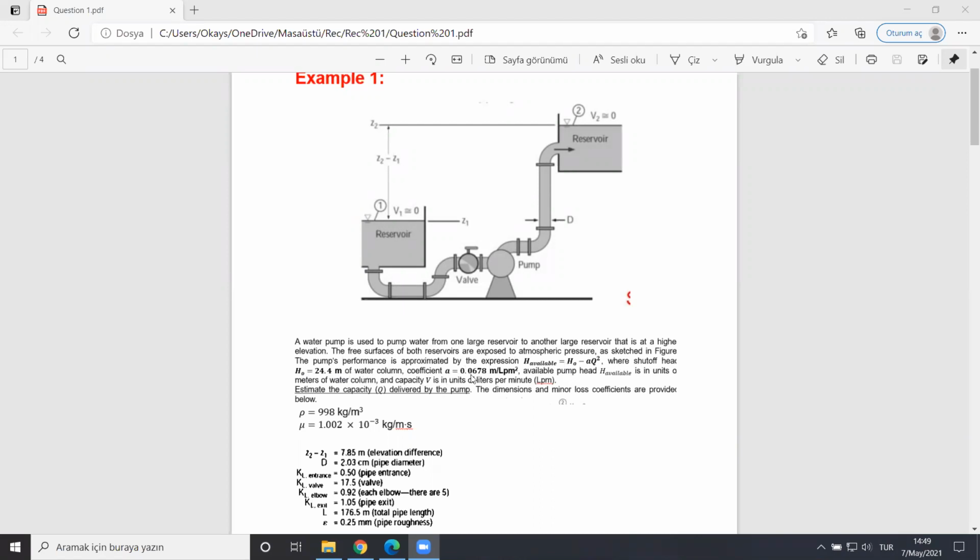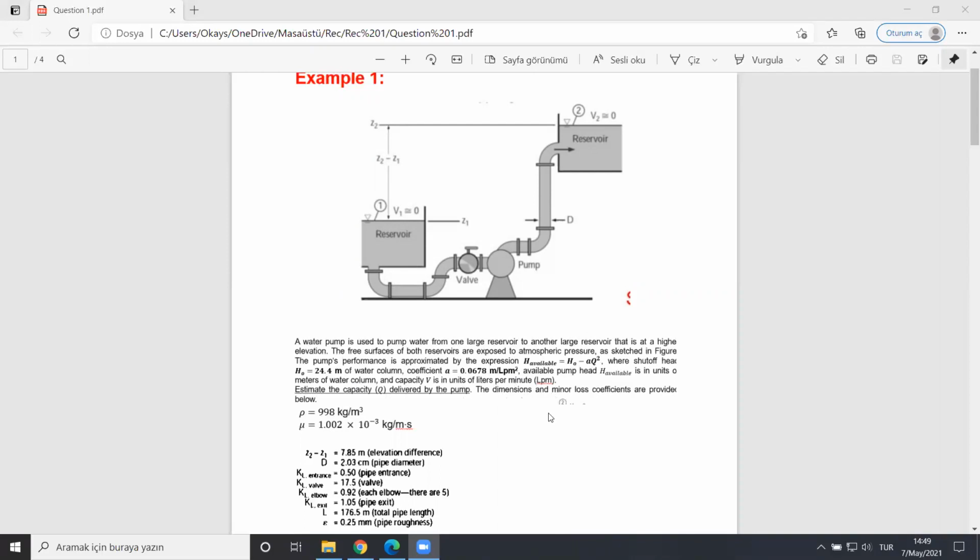There is a value given for this A, which is 0.0678 meters per liters per minute squared. This LPM means liters per minute, which is also written here. And what else? The question wants us to estimate the capacity, which is the discharge delivered by the pump.